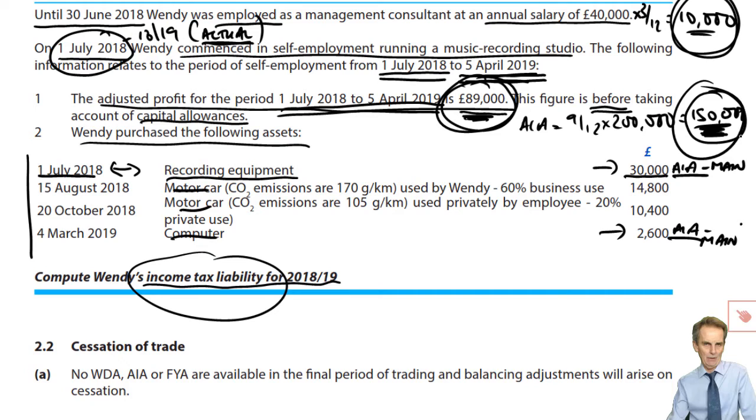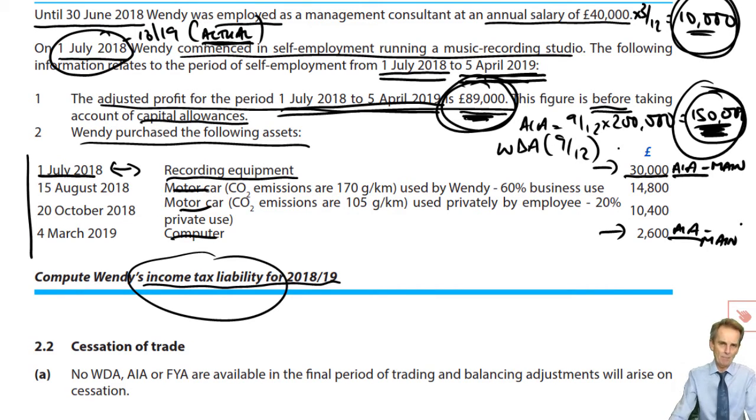The balance of 50,000 would have dropped into the relevant either main pool or special rate pool, probably main pool there, and then we'd have claimed the relevant WDA. But again, that writing down allowance will be 9/12 of either your 18% or your 8%, depending on the expenditure incurred.